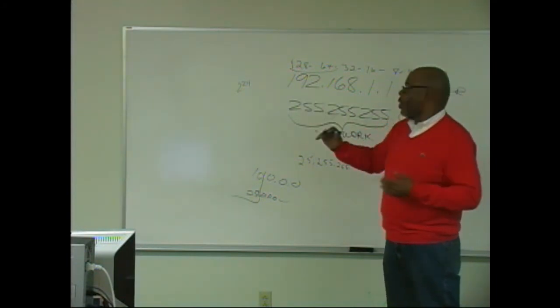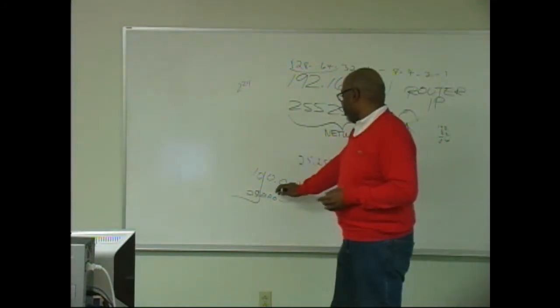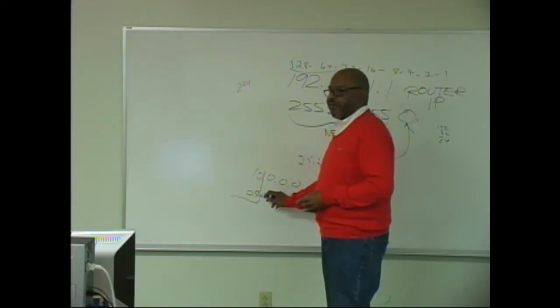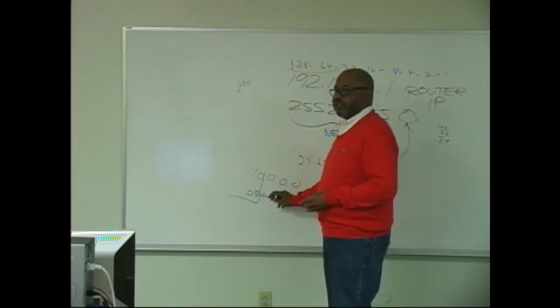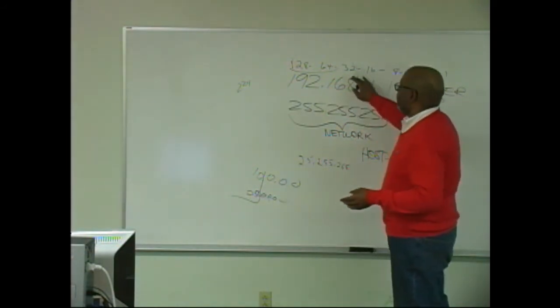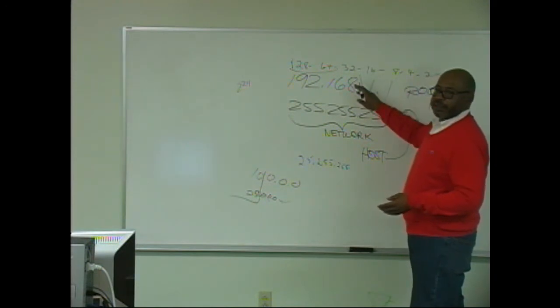So you can always break that down, but you have to start stealing bits from here. Then you can make this 255.248.0.0, so you've subnetted it and broken it down into whatever the 248 is.